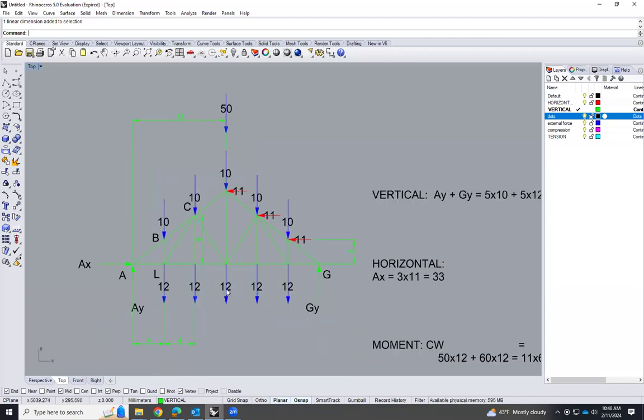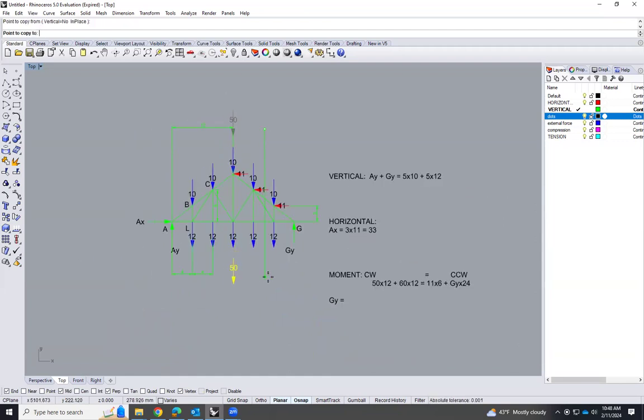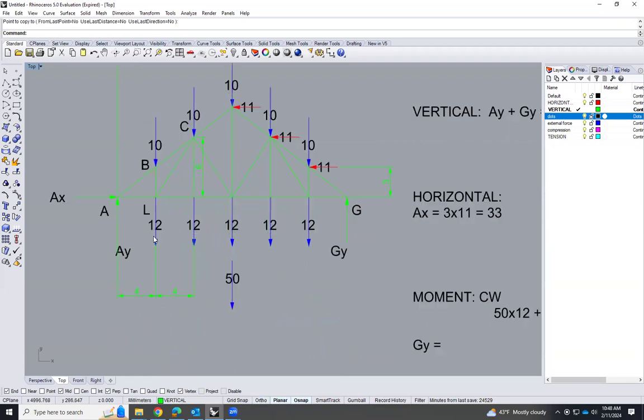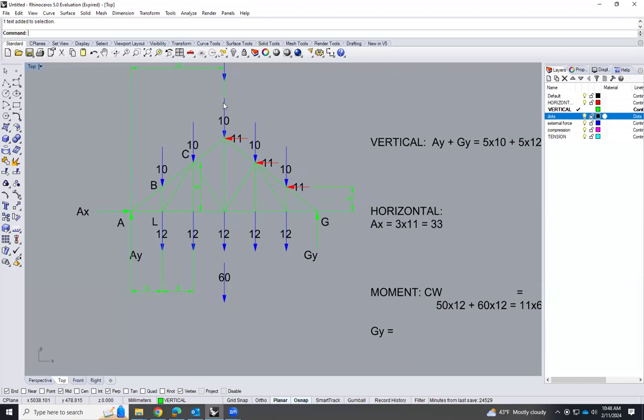The same thing happens with this. What's the resultant of these 5 forces going down? We have 12 times 5, 60. And the distance, it's 60 times 12 because the action line is the same. So the distance between the action line and this point has to be 12.